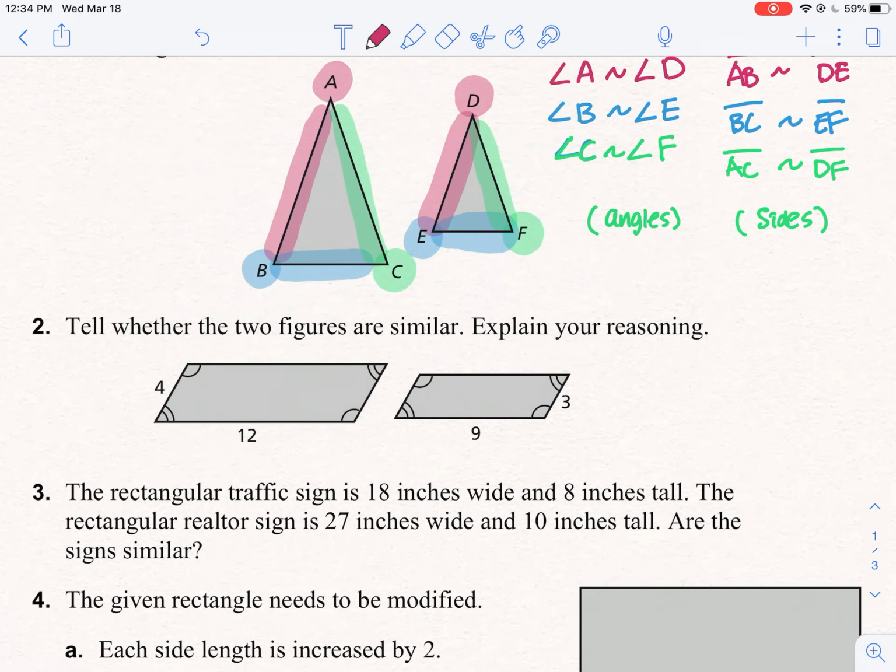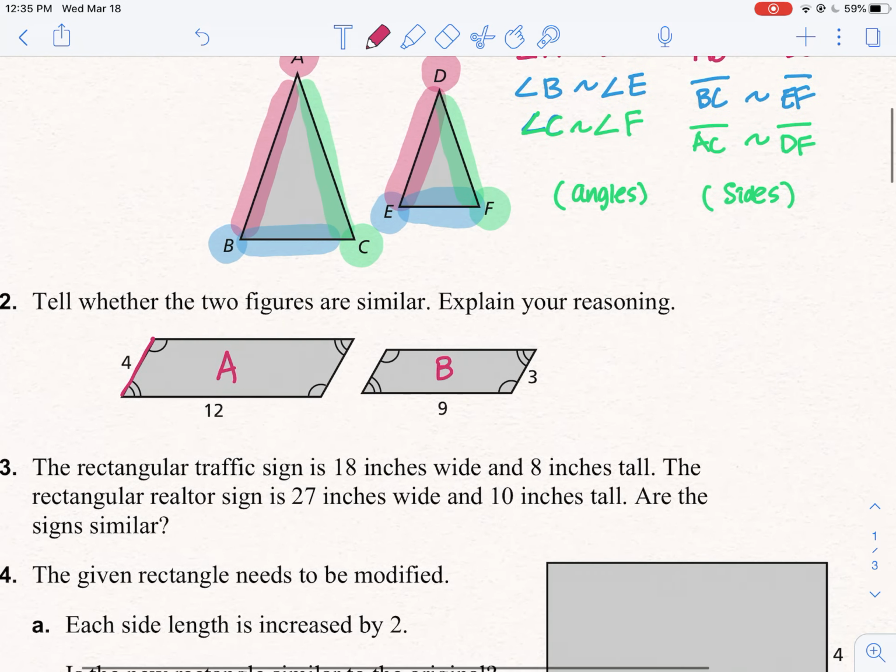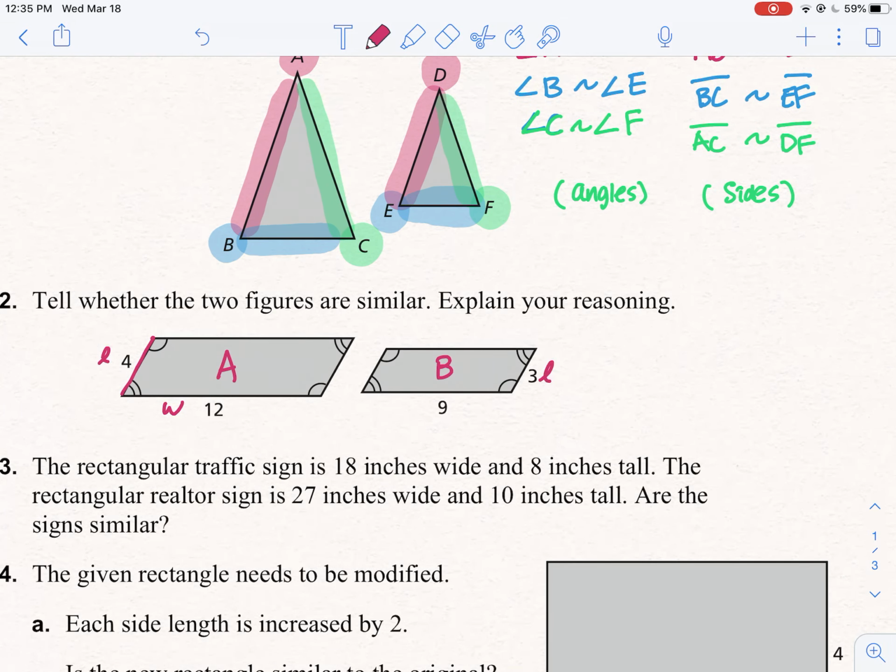Moving on to our next question. Tell whether the 2 figures are similar. Explain your reasoning. So you have, let's say, figure A and figure B, and let's say we have the sides here, the length and the width. What I'm going to do is put them in ratio or fraction form and see if the simplified version is going to be the same as the other one.